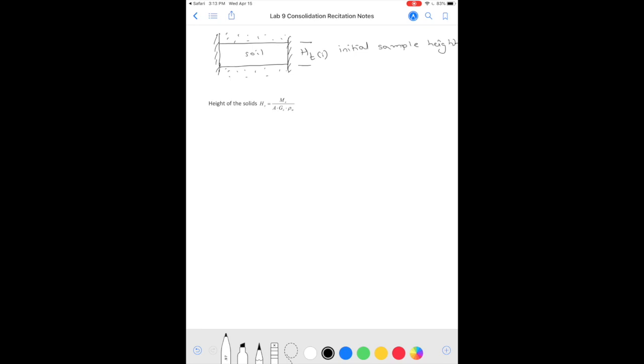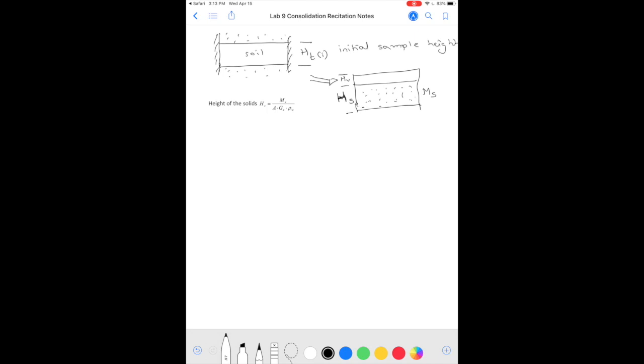And then this is going to have just solids, which is height of solids, and this is going to be height of voids, and this is going to be mass of solids, which is not going to change because the total amount of soil is always going to be the same.